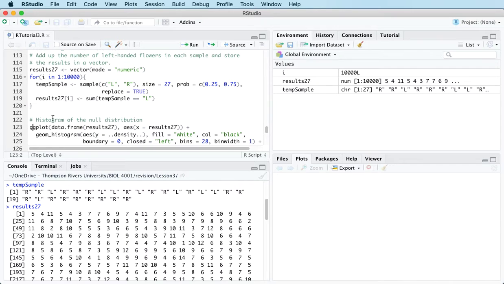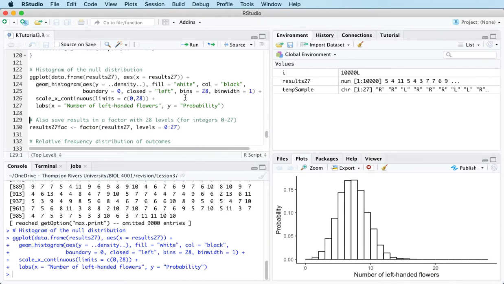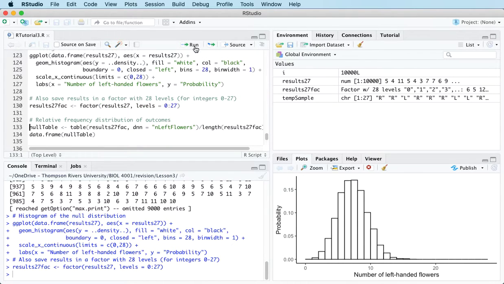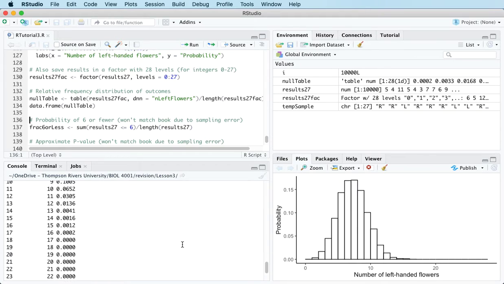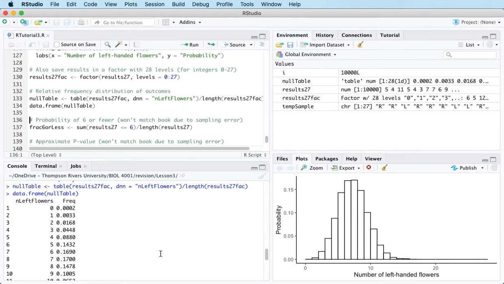If we look at a histogram of that null distribution, this is what it looks like, and I can store those results in a frequency table. And then to get our p-value, we're looking at what we observed, which was 6 left-handed flowers, and anything more extreme than that, so 6 or 5 or 4 or 3 or 2 or 1 or 0.